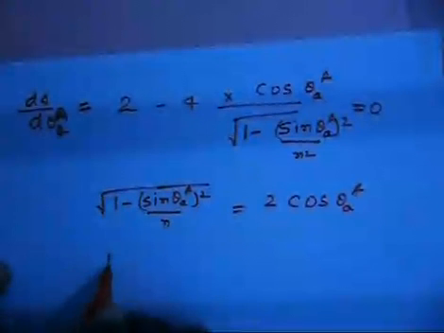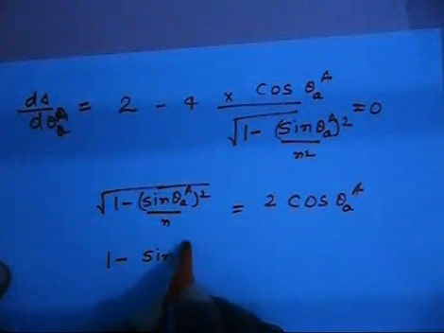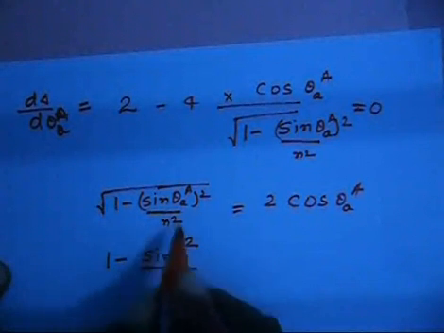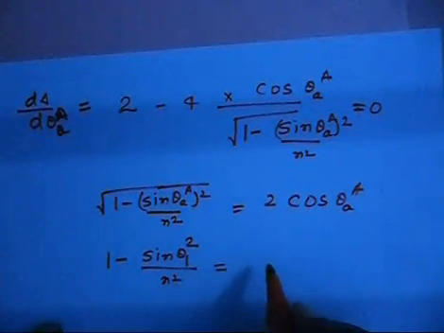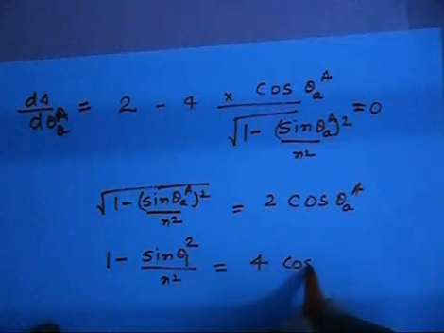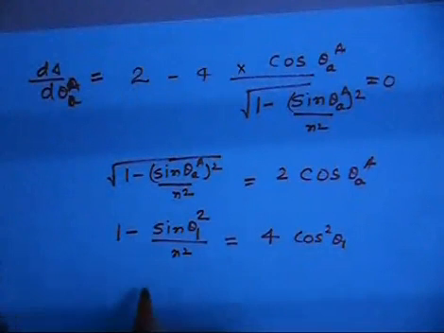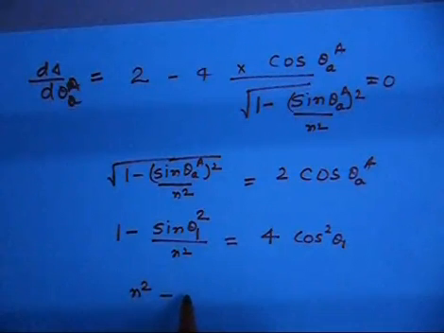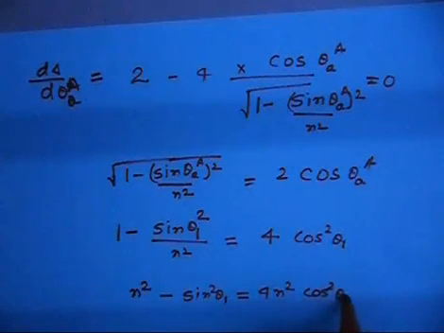If I square both sides, 1 minus sine θ1 whole square by n square is equal to, so 2 becomes 4 cos square θ1. Now I can write n square minus sine square θ1 is equal to 4n square cos square θ1.